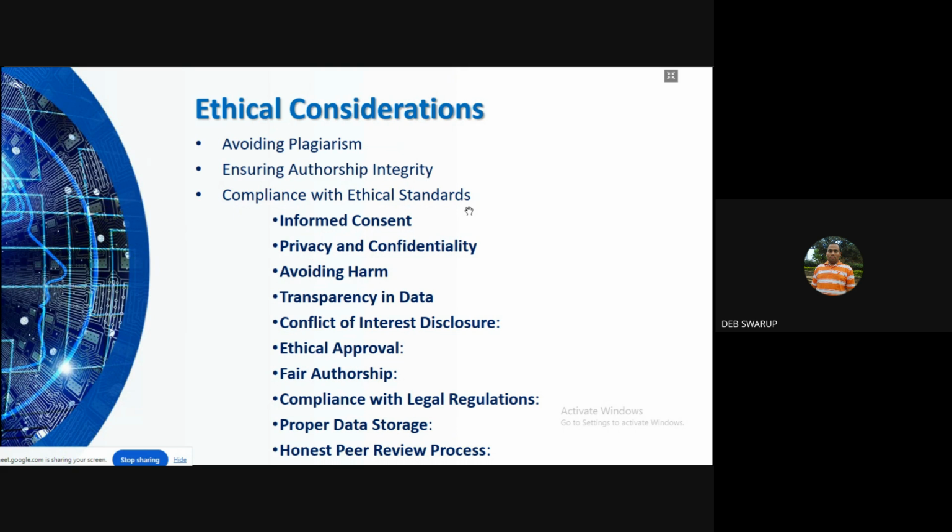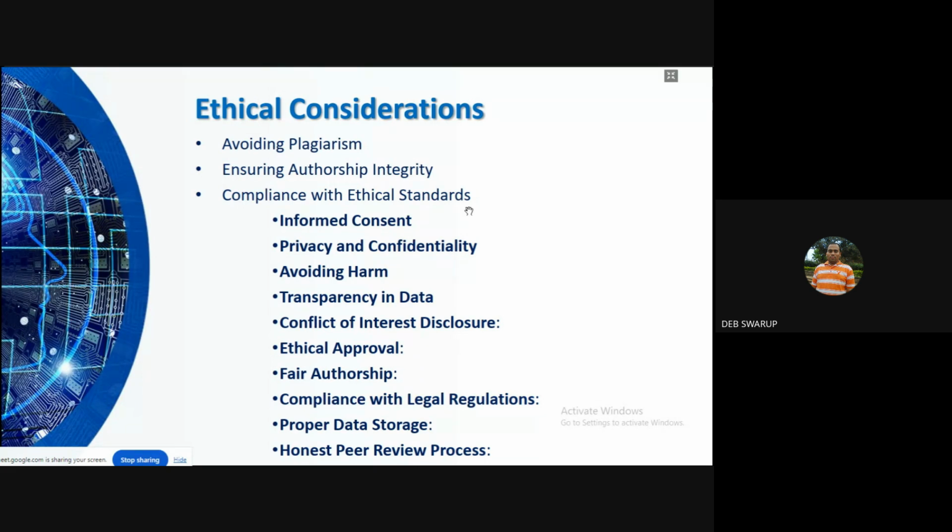This I was discussing about ensuring authorship integrity. Fair authorship means authorship is not gifted. Somebody is helping you, you can definitely give them credit, you can write one heading in that paper, the acknowledgement part, that the authors are indebted to Dr. So-and-so, professor or associate professor of this, for his efforts in contributing to this.